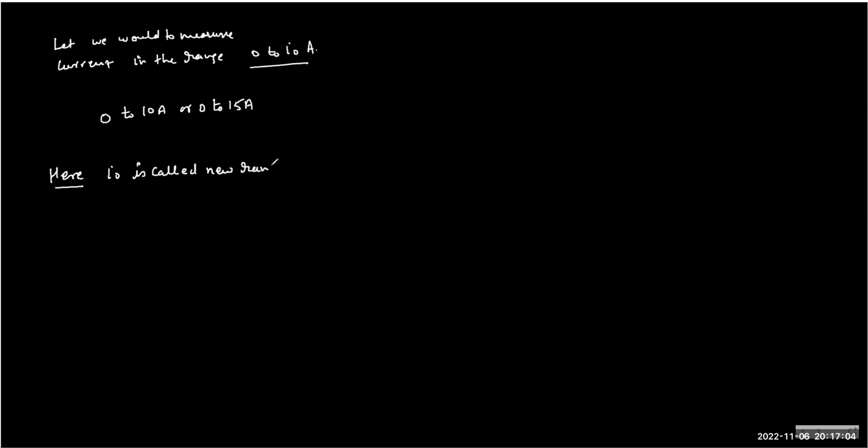So I0 is called the new range. This is the new range up to which you would like to make the measurement.